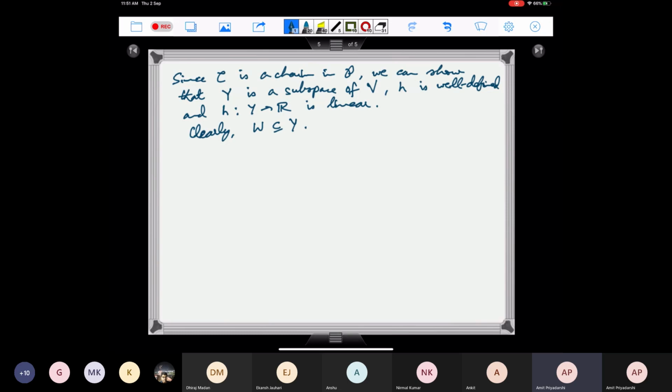and also, if I look at h of x, this is less than or equal to p of x for all x belonging to Y. Because if I take x belonging to Y, then x has to be in one of Y_i, and then h of x is defined as h_i of x, and we know that h_i of x is less than or equal to p of x, so therefore h of x will be less than or equal to p of x.